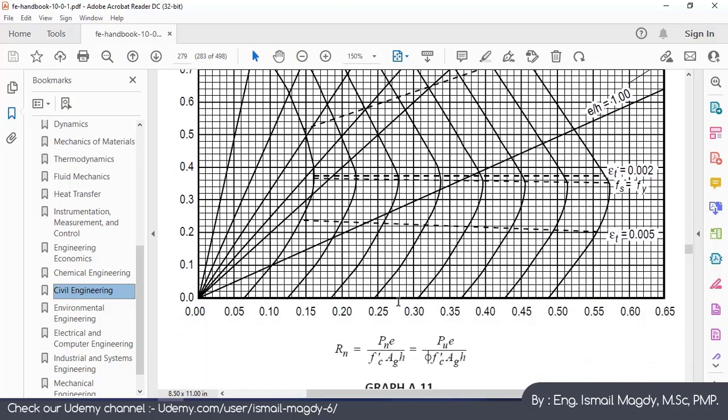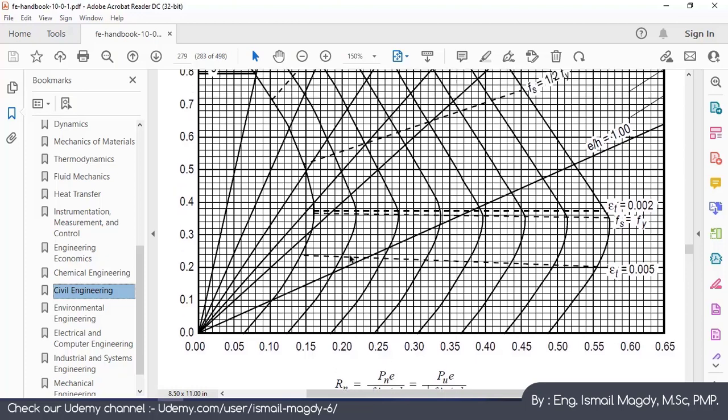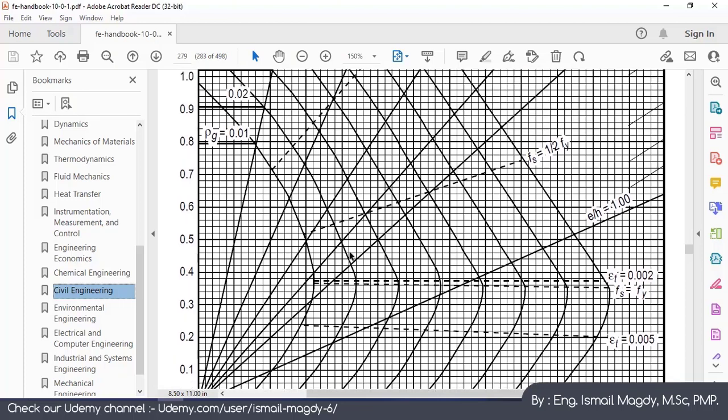We have here Rn equals 0.21. This is 0.2, so we are just adjacent to here. Let's calculate how many lines we have: 1, 2, 3, 4, 5, and it is between 0.2 and 0.25, so each one equals 1 step. So we'll go just beside here. We'll keep going up.